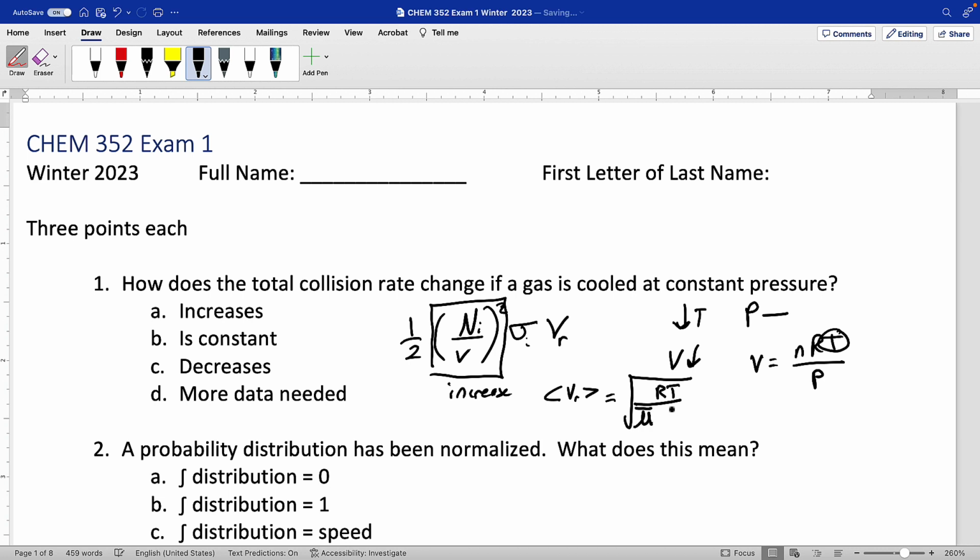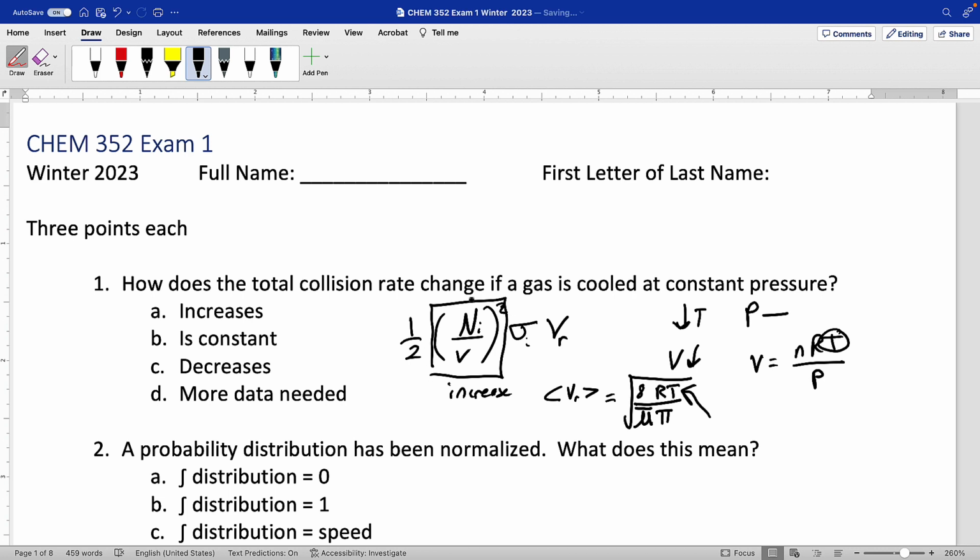We also have the constants 8 and pi, although those aren't going to play a role in deciding the trend. All we care about is that if we lower the temperature, the relative speed goes down as the square root of that change.